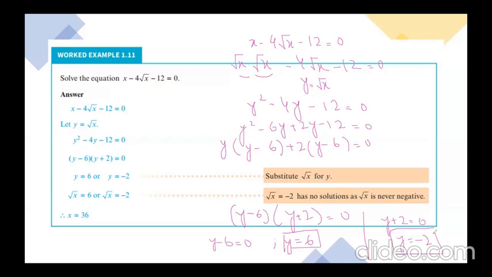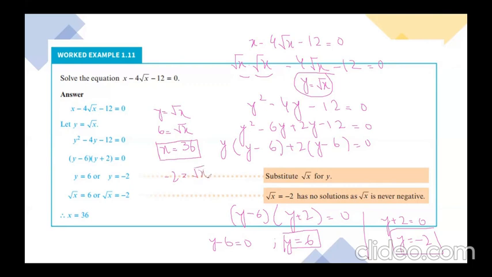Now the values are, as we supposed that y equals under root x, the value of y is 6. So 6 equals under root x, and taking the square, x equals 36. In the second case, minus 2 equals under root x.